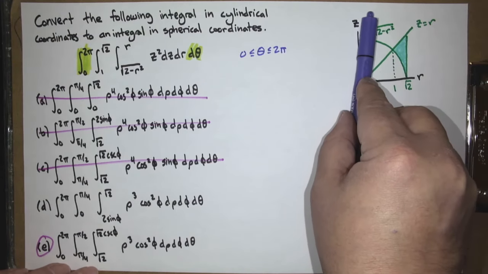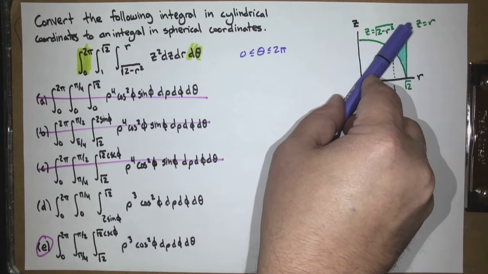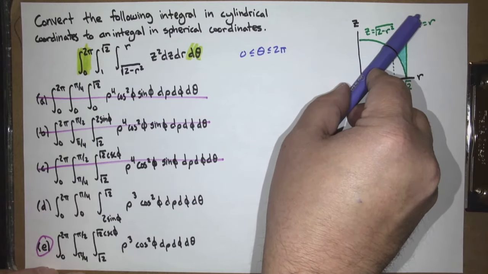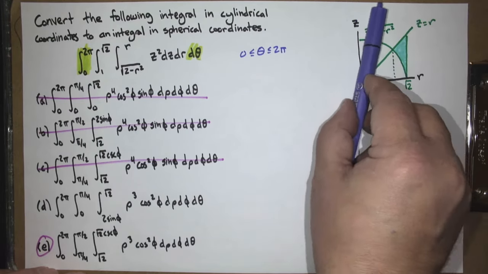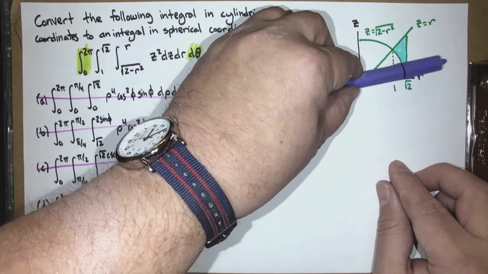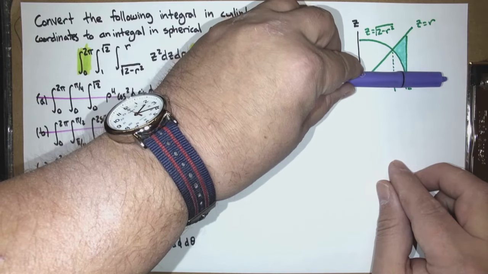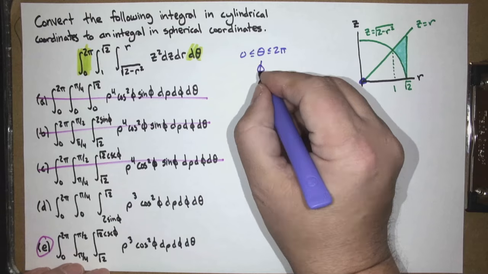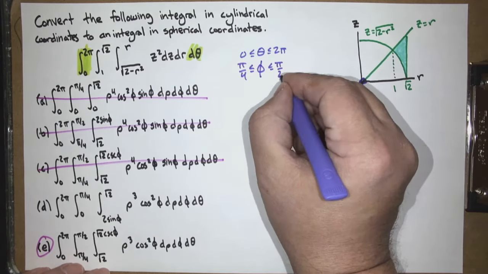We're not hitting our region, not hitting our region, and then boom, we're hitting our region. What angle are we at when we start hitting our region? Pi over 4. We come off pi over 4 because phi is off the z-axis. And then we're in our region, in our region, and then stop. What's the angle? Pi halves. So phi goes between pi over 4 and pi over 2.